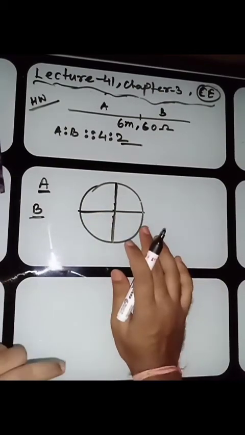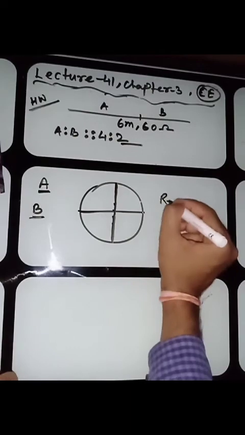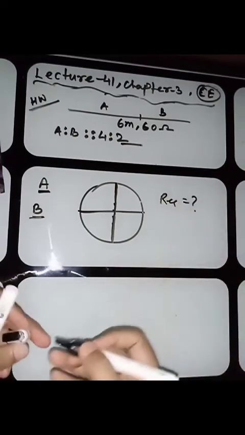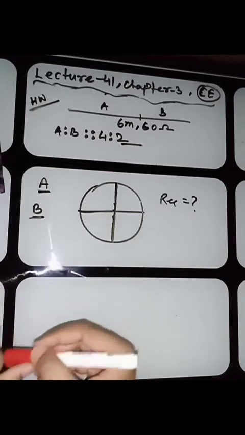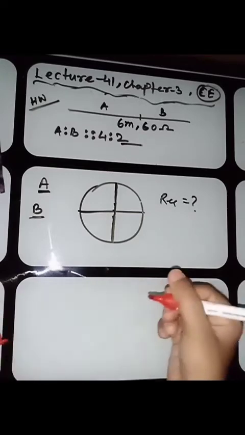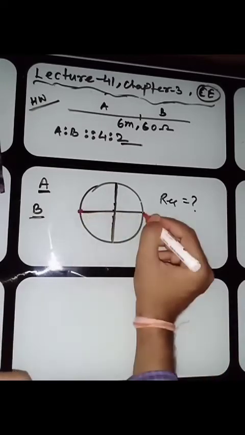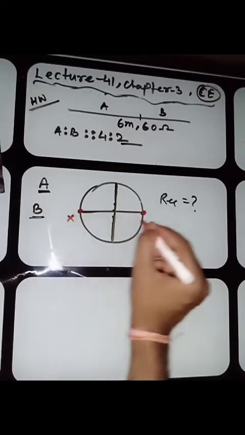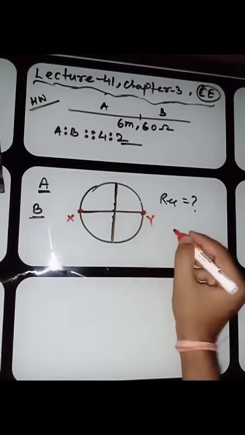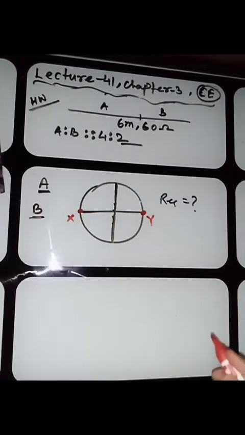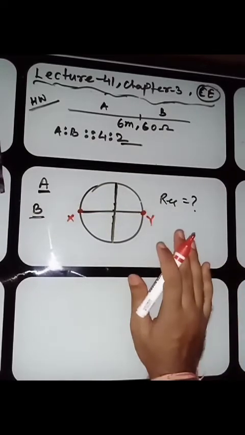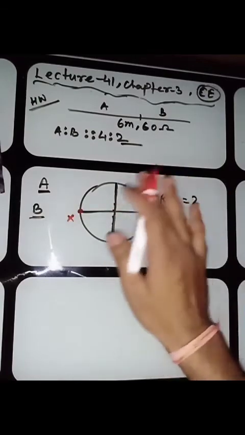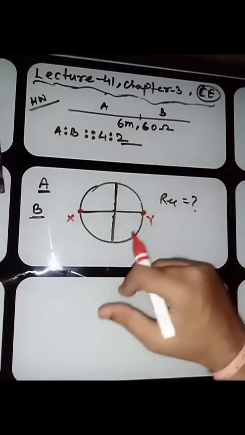You have to find R equivalent, what will it be, across any two ends of any diameter. Suppose if you are taking these two diameters as X and Y, then you have to find the R equivalent across these two diameters. What will be the R equivalent? This is the complete question. I explained. I hope I am clear.